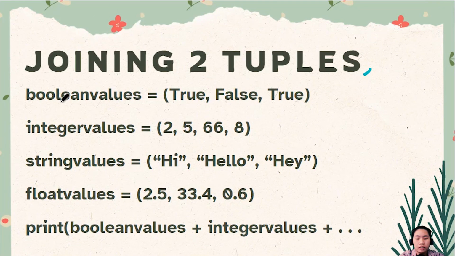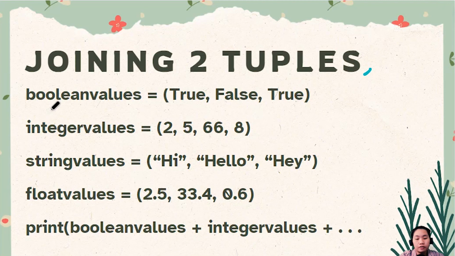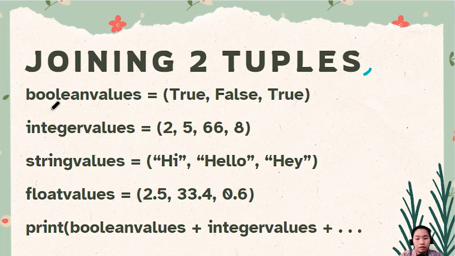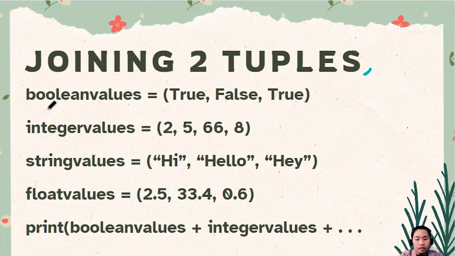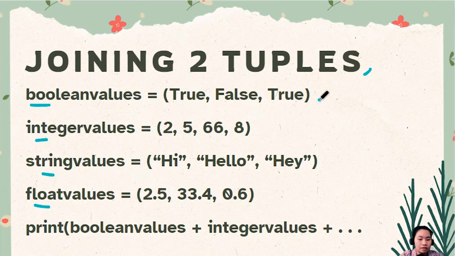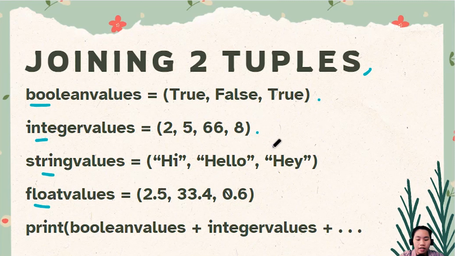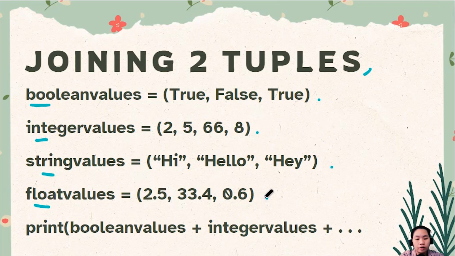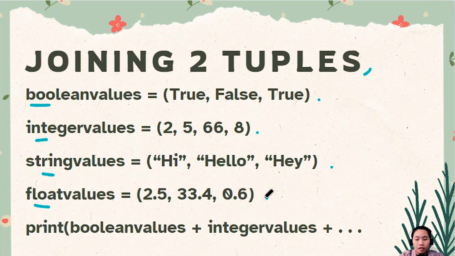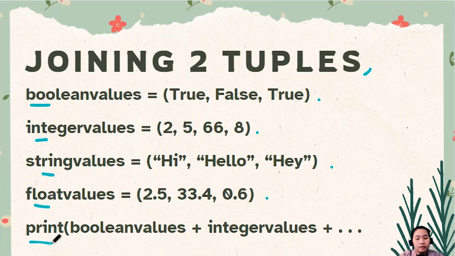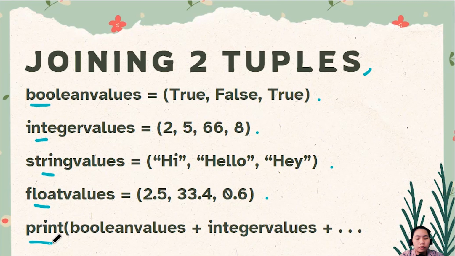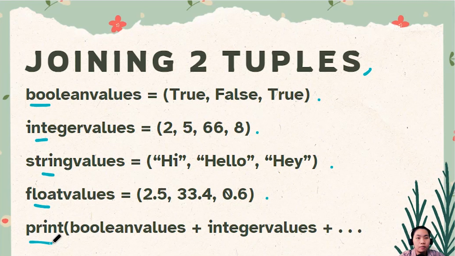Now, with tuples, we can join any sort of values that we wish. I have the basic values over here with Boolean, integer, string, and float: True, False, True, 2, 5, 6, 6, 8, hi, hello, hey, and 2.5, 33.4. We've learned this previously. Now, you can join it with print, or you can simply create another variable entirely, a tuple that can have the name of all tuples joined or something like that.